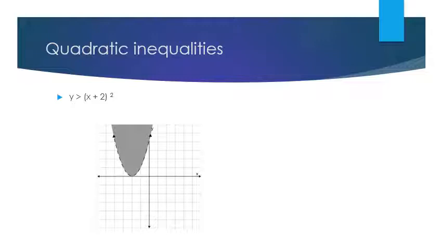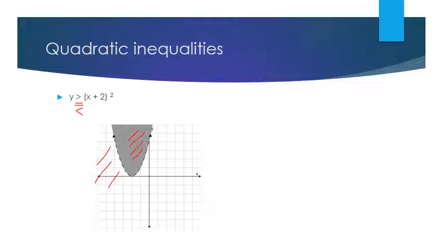And it will either be shaded above the curve or below the curve, depending on the direction of the inequality sign. If the inequality sign comes after y and y is isolated and it's greater, then the shading will be on top or inside the curve. If, on the other hand, it were less than, then it would be shaded outside the curve.